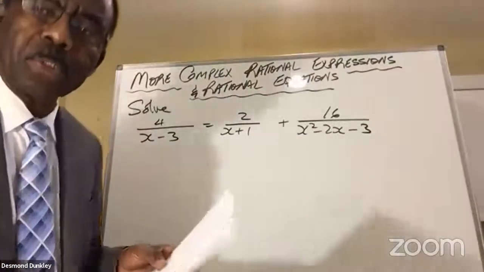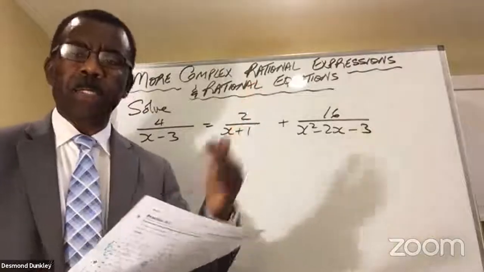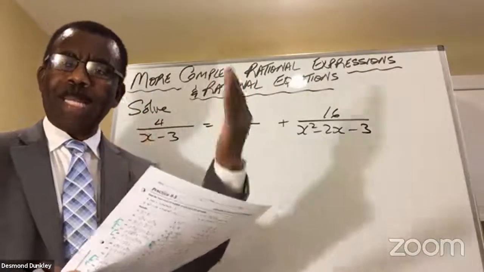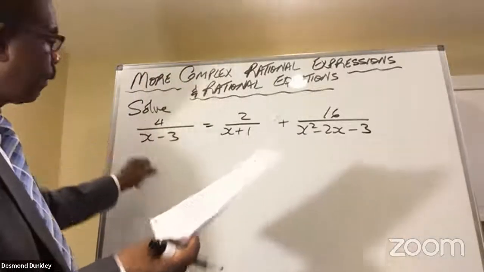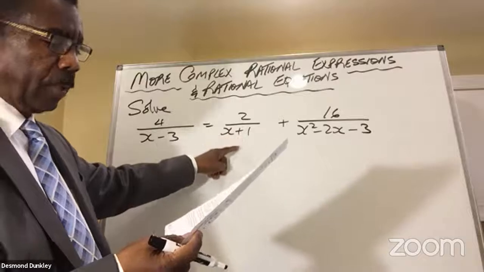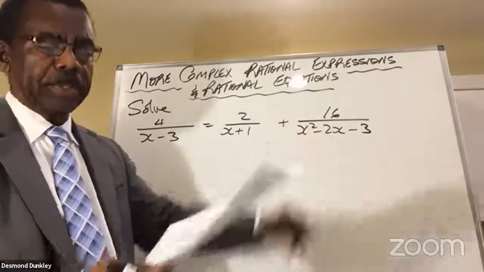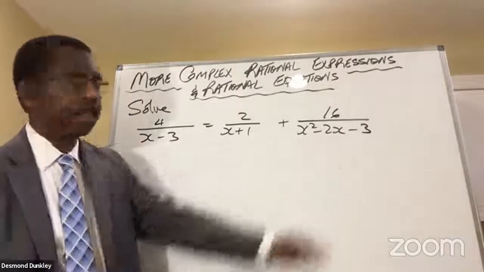Good practice is to check your answer to make sure you don't have any transposition errors. Or when you copy it, make sure you don't make an error where you switch things around. So it's 4 over x minus 3, 2 over x plus 1, plus 16 over x squared minus 2x minus 3. So that's good. So now we need to factorize this.